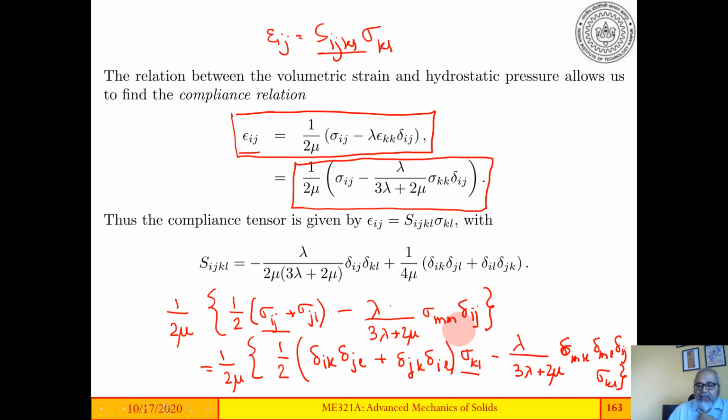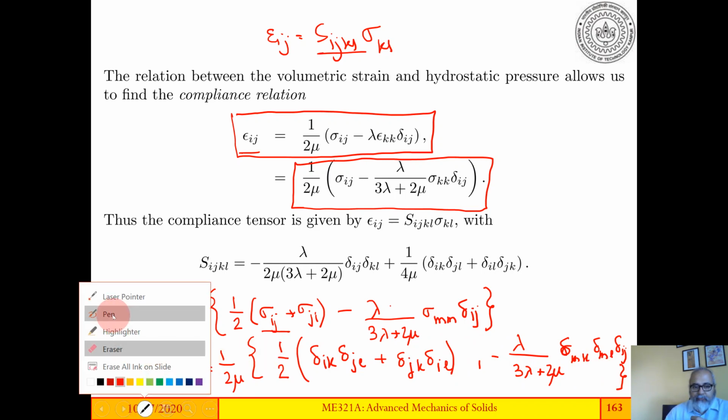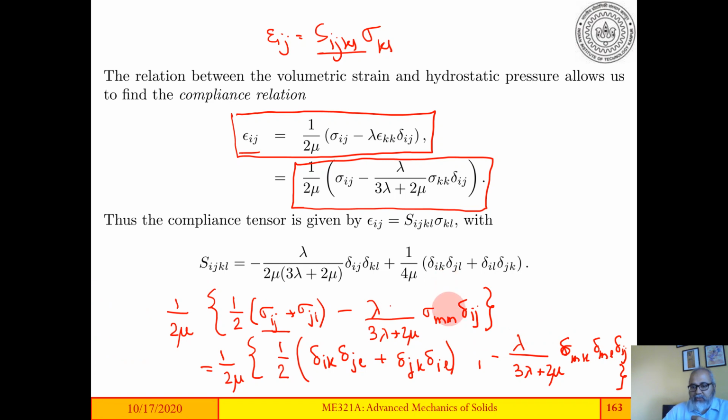If I take sigma kl out, the rest of my stuff is Sijkl. So I take sigma kl out from here, and I also see that this becomes delta kl.